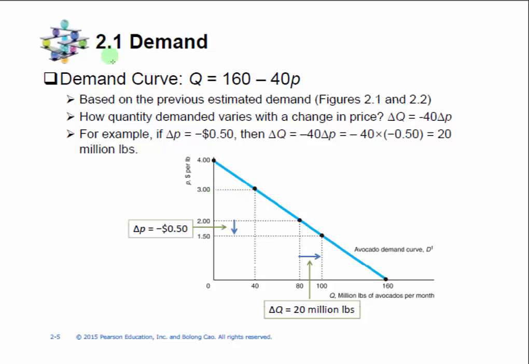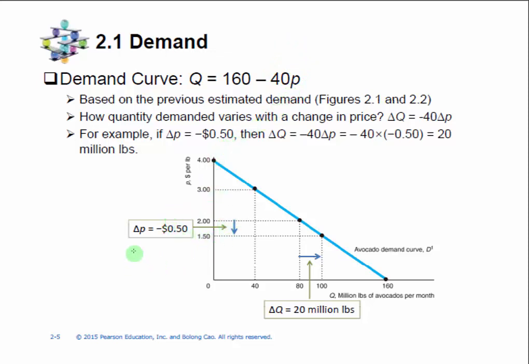Let's look at a linear demand function. This is fairly important for our future lectures. We have an intercept. The intercept is actually on the horizontal axis for this demand function because we put quantity on the horizontal axis. So the intercept is 160 on the horizontal axis, and the slope is minus 40. The slope is the coefficient on the price.